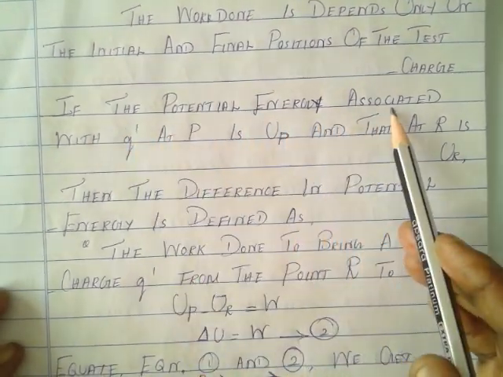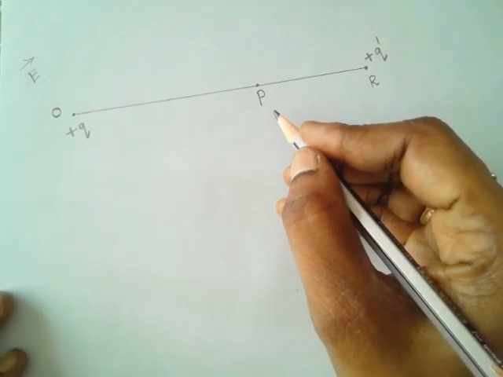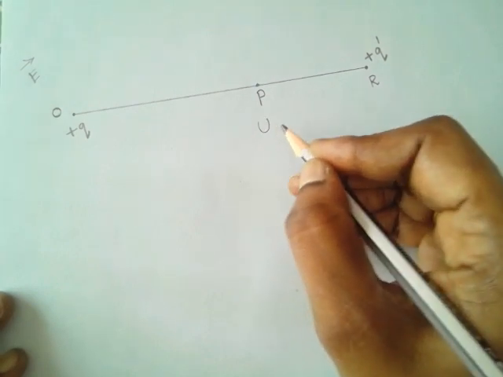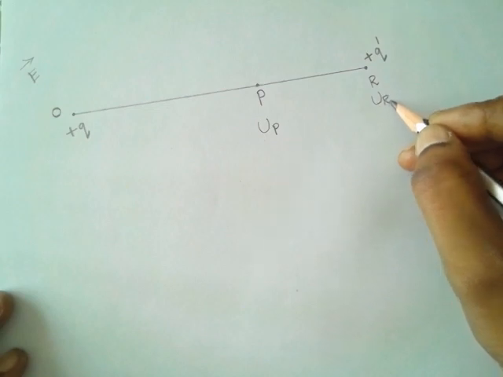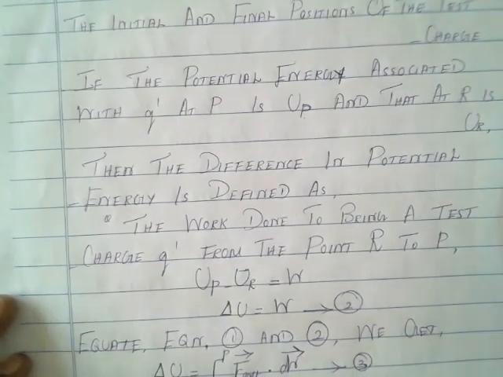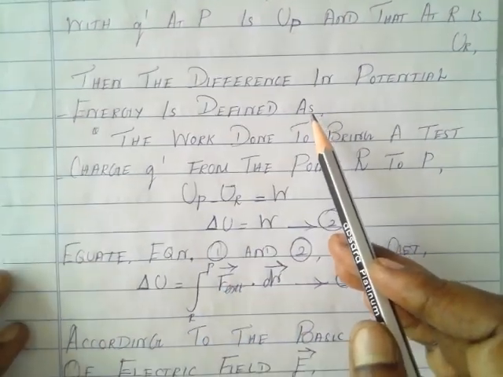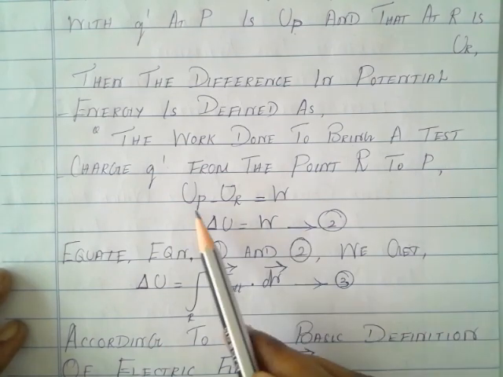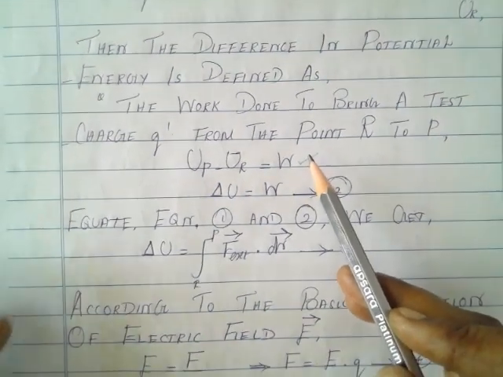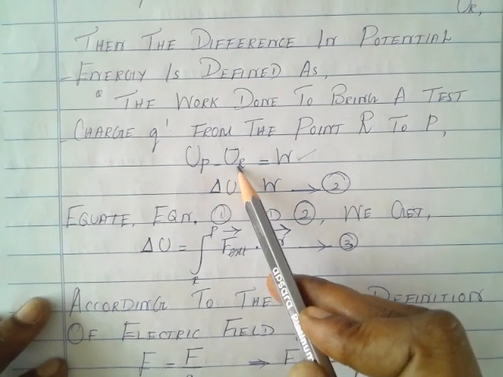If the potential energy associated with q dash at P is UP and that at R is UR, then the difference in potential energy is defined as, note down this, the work done to bring a test charge q dash from the point R to P, that is UP minus UR is equal to W. In other words, this UP minus UR is the difference between the two electrostatic potential energies at these two points.